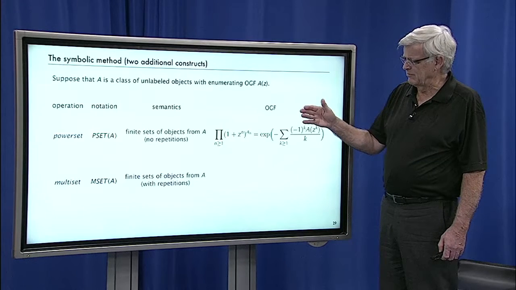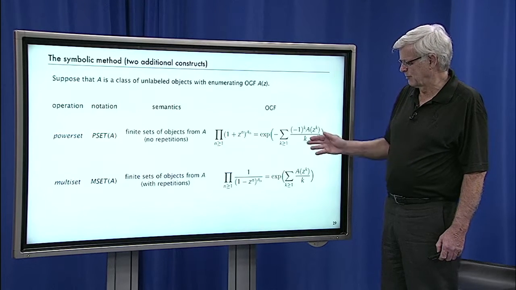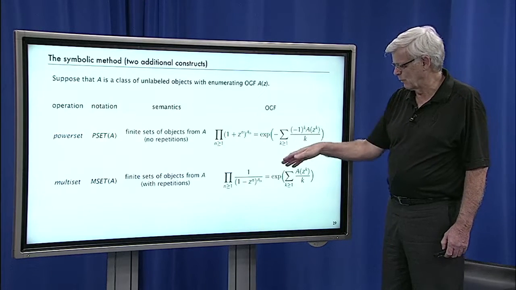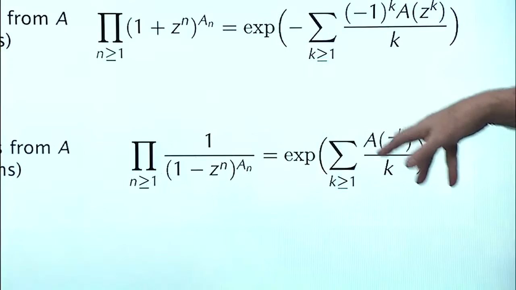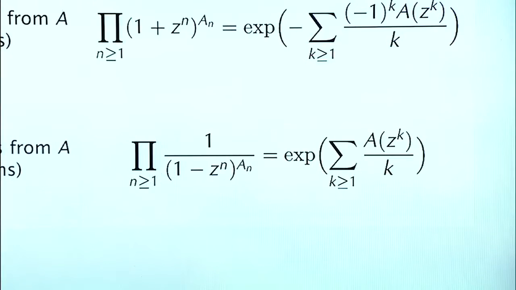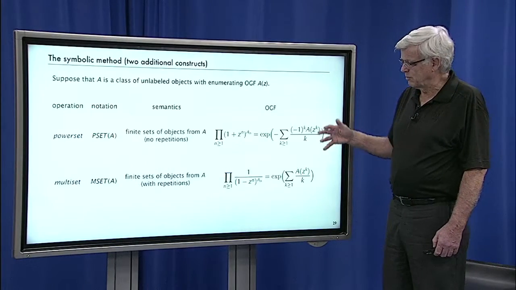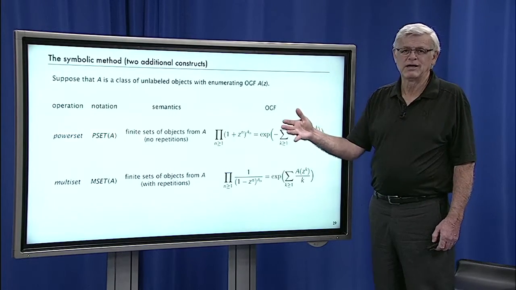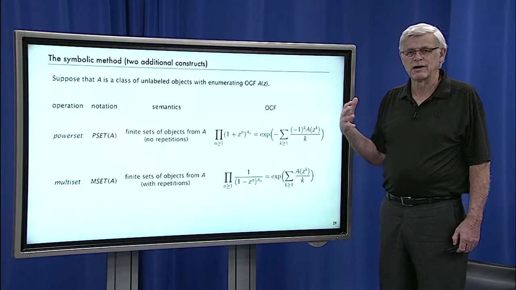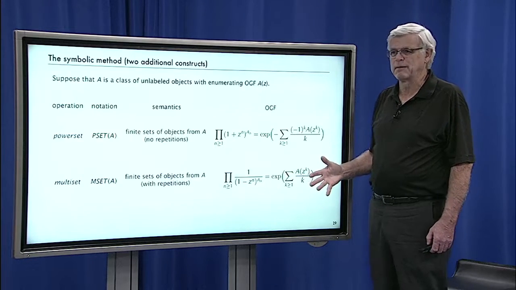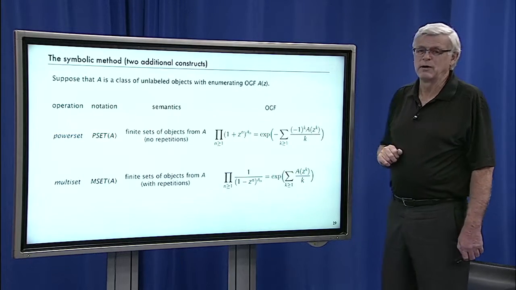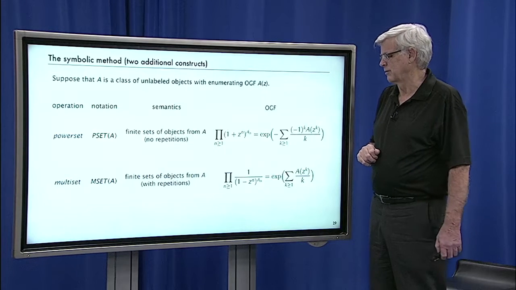And similarly for multiset, we have a similar equation where it's the product of 1 over (1 minus z to the n) to the a_n, which is e to that power. We're going to prove this once, but once it's proved, we can apply it in the same way as the other operations that we've done for the symbolic method. These are just quite a bit more complicated in terms of their formula.